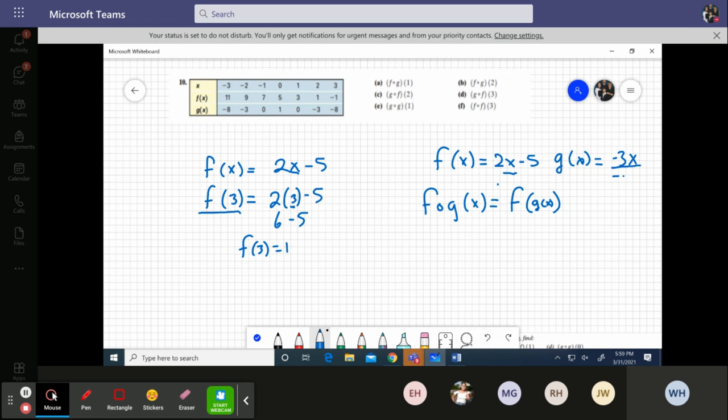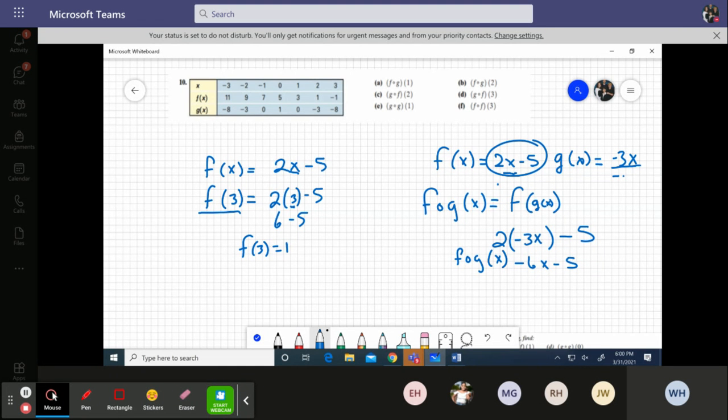So I would have 2, minus 5, everything from this function but that x, and then I'm going to put in the negative 3x. So that would give me negative 6x minus 5, f of g of x. Okay? That's what we're talking about when we're talking about composite functions, inserting one function inside of another.